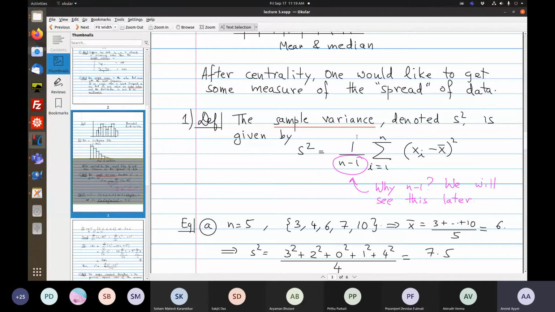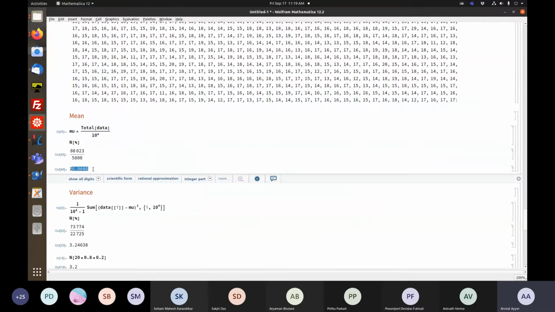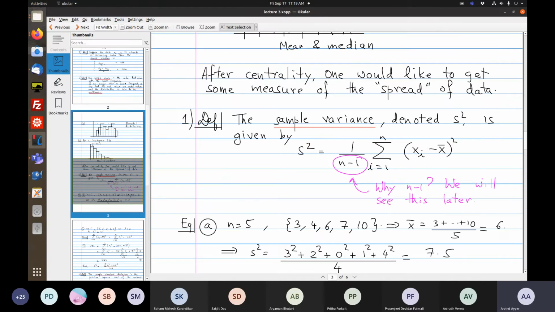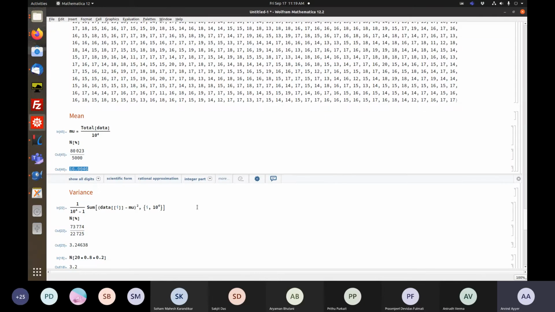The sample variance was the sum of xi minus x bar squared, where x bar was the sample mean, and in our example this is the sample mean, which I am calling mu. So I take the sum of squares of xi minus x bar and I divide by n minus 1, and we will see a connection to this n minus 1, as I promised.